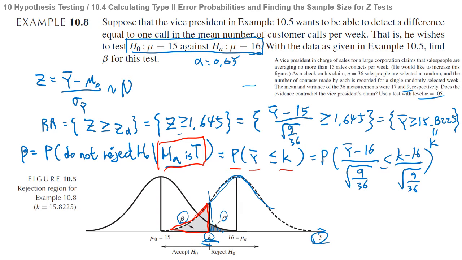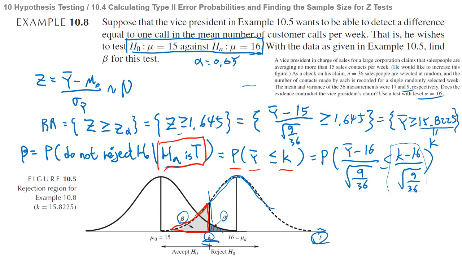And we know that k is 15.8225, so we can calculate this number.